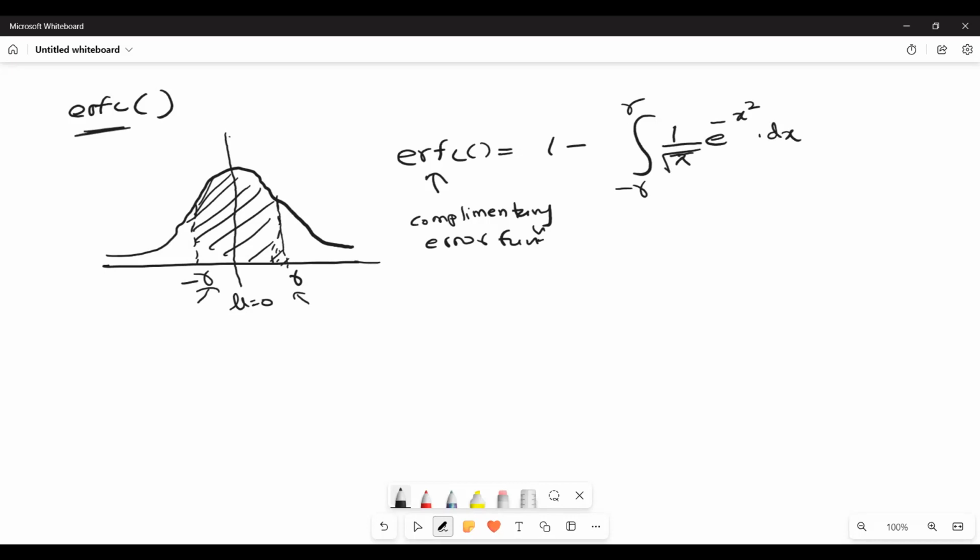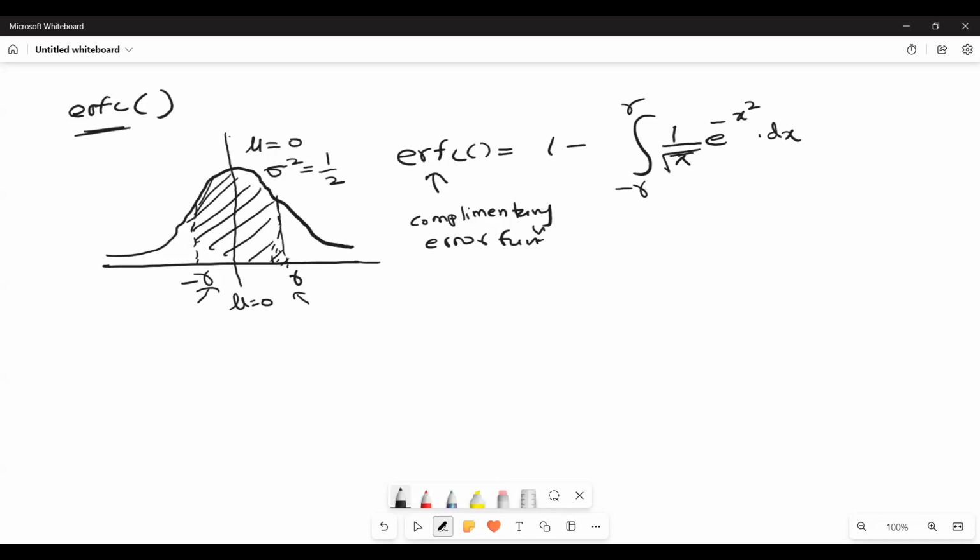In this case, when we take this integration, we have considered the distribution where the mu value is 0 and the variance value is 1 over 2. When we substitute mu equals 0 and sigma squared equals 1 over 2 into the original Gaussian distribution, we get this integration part.